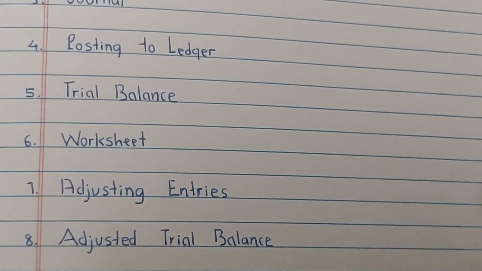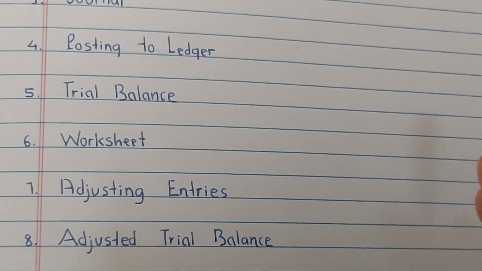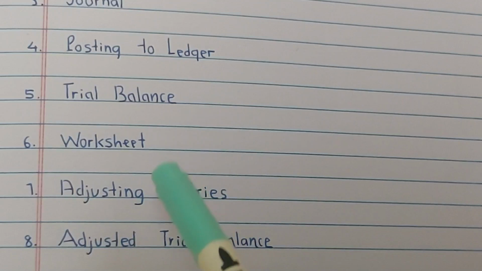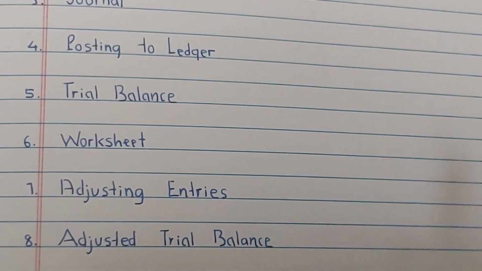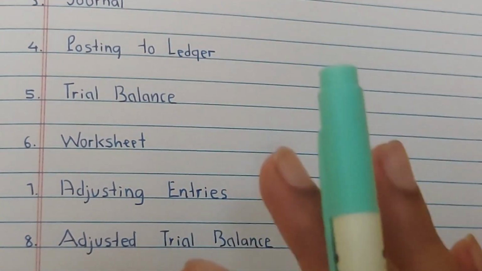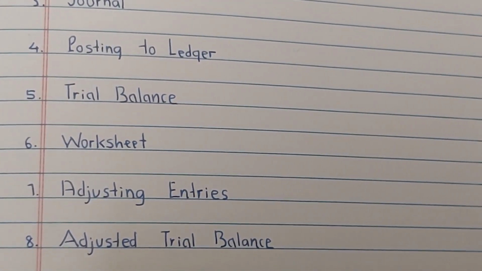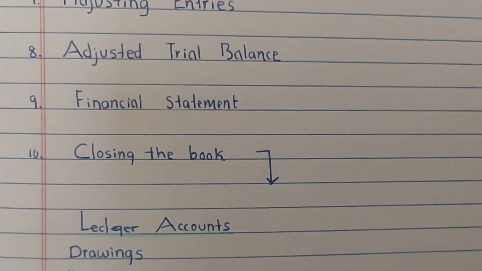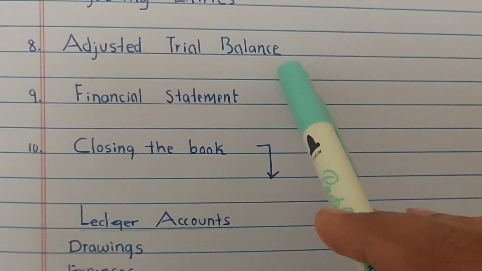So come to the 8th stage, which is adjusted trial balance. We have to prepare an adjusted trial balance once all the rectification entries have been done. So let's go to the next step, which is called the financial statement.